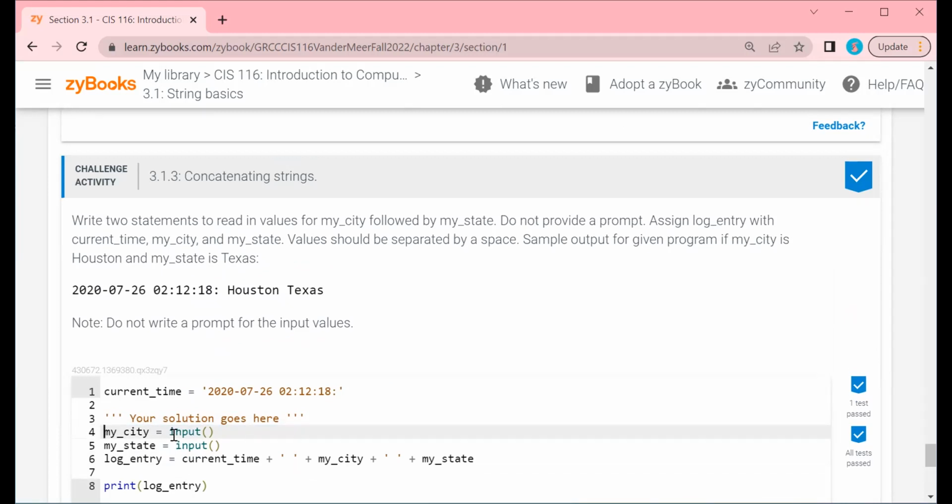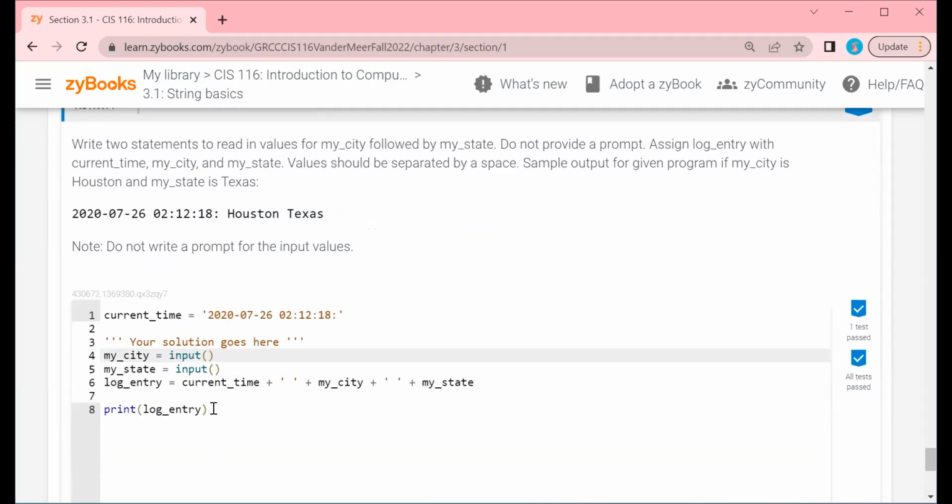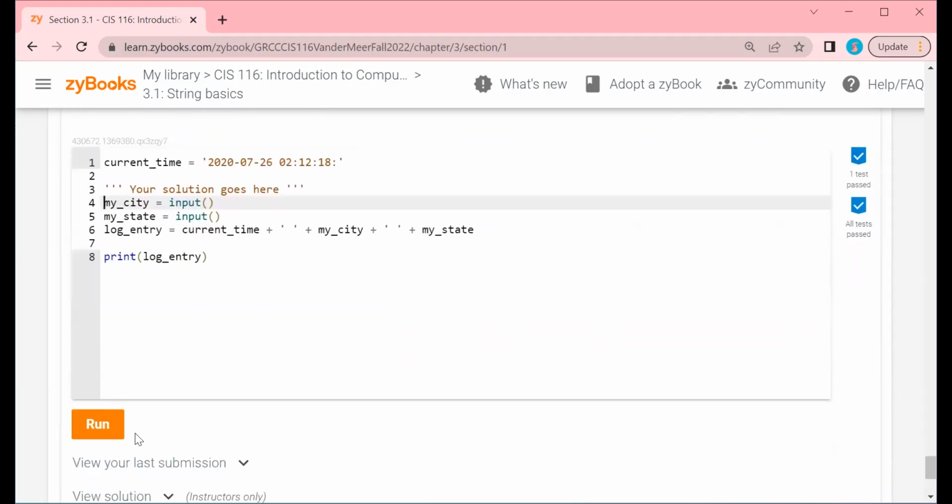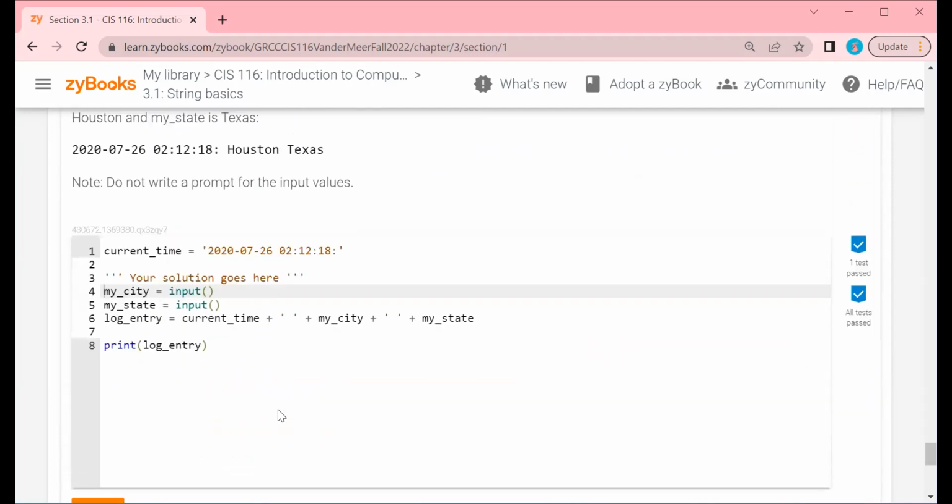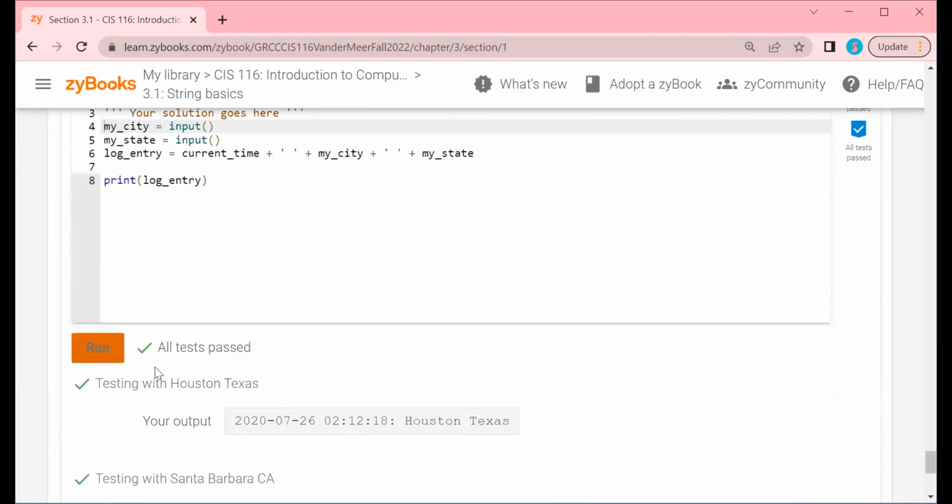Yeah. Sorry. So we have 4 and 5, and then log entry. I'm straining my voice a little bit, but we're gonna get through this. Line 6, log entry is the current time, which is set already, plus the city, plus the state, and then you just print it out as one. Now this one is that example where it doesn't have your input box.